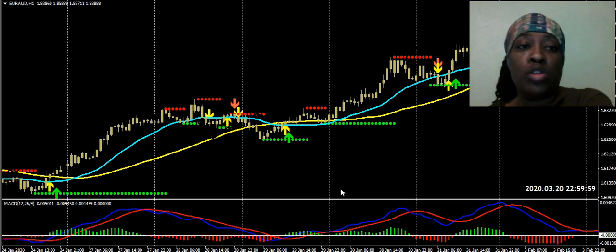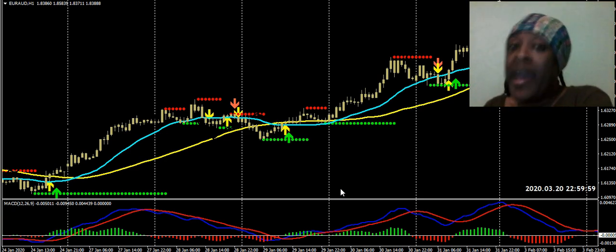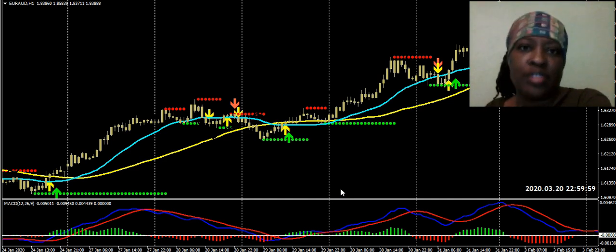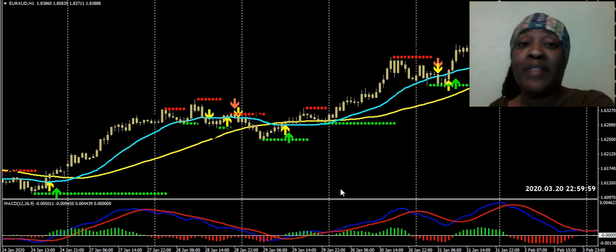One of the things that I also recommend highly is that you back test. This is your way of identifying the trends and patterns for each pair, because each currency pair has its own behavior. So you have to back test, meaning you have to go back in history of that particular currency pair and see how it reacts to certain things like time frames and times of the day.